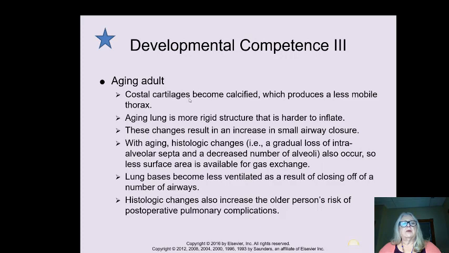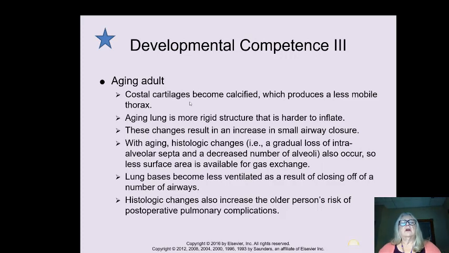Aging, what happens? The costal cartilages become more solid, they become calcified, they're less mobile, so people can't take as deep a breath. The aging lung is more rigid and harder to inflate. So there's a little bit of shortness of breath that may come just with aging.